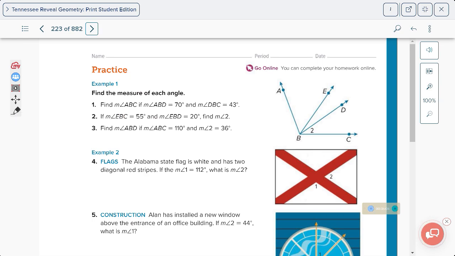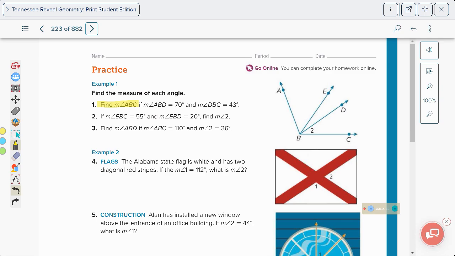That's it for notes, guys. Whenever you get to your practice, I'm only going to give you questions that ask you to solve. Like number 1, it says find the measure of angle ABC. I want you to not only solve, but go back into your textbook and include a reason.